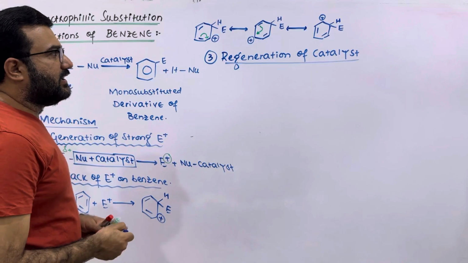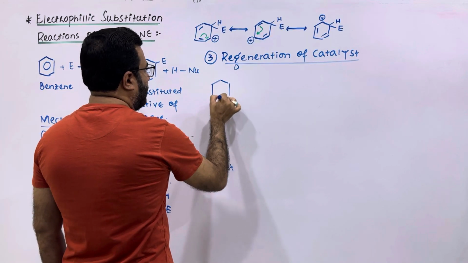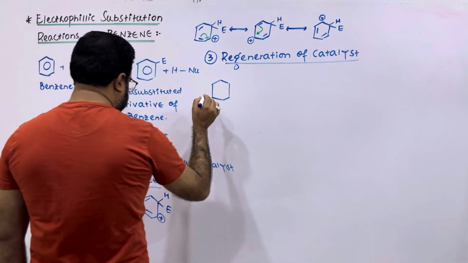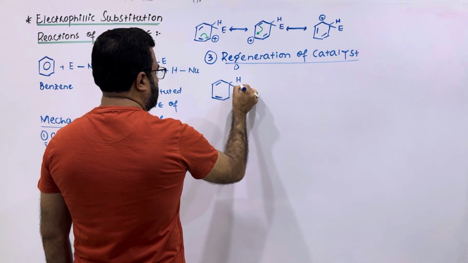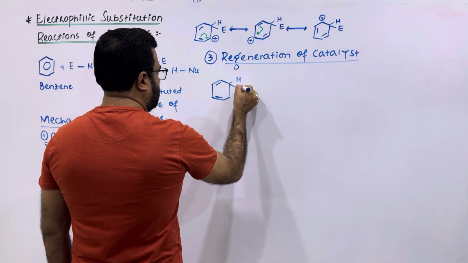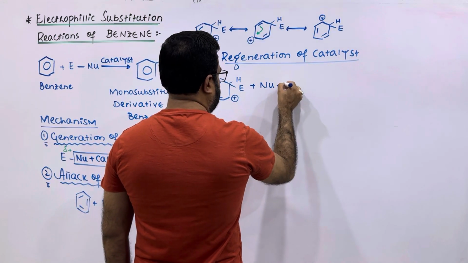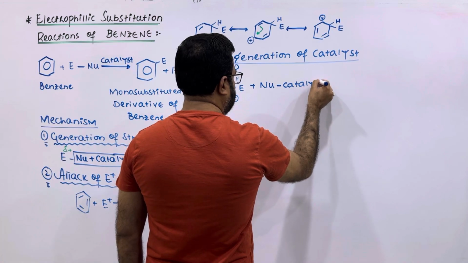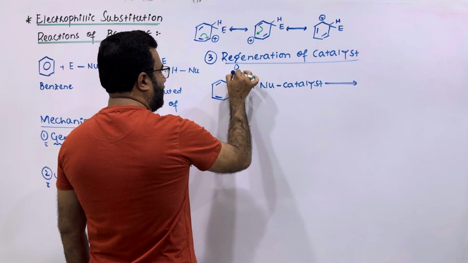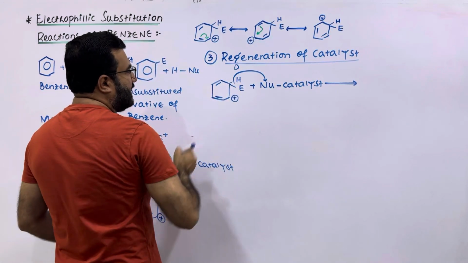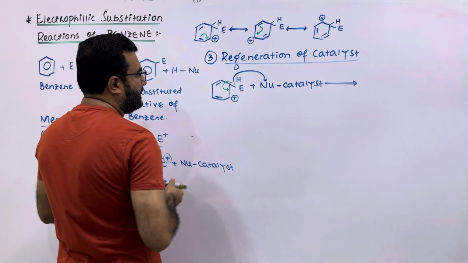So in this case, again, the catalyst should not be used, and the final step will be that the nucleophile that was attached to catalyst now will take the hydrogen with it, and the bond between carbon and hydrogen will be shifted inside the ring.